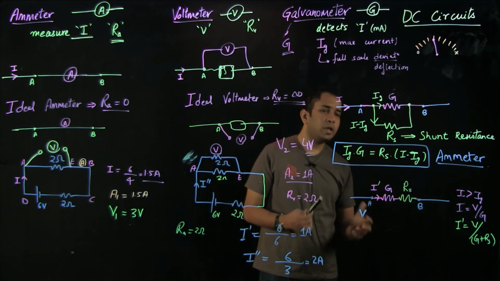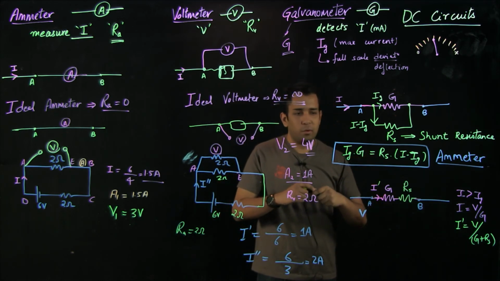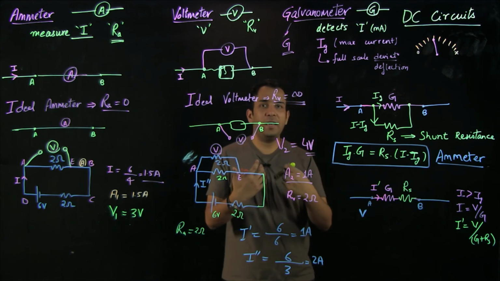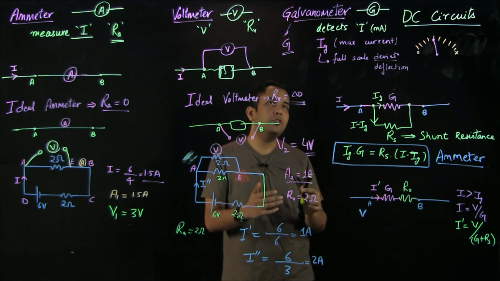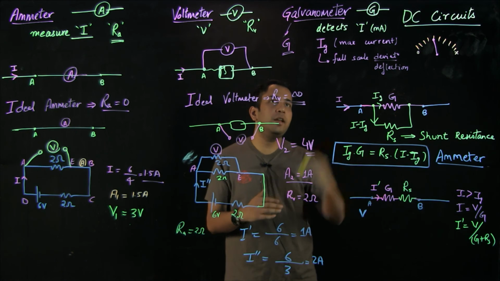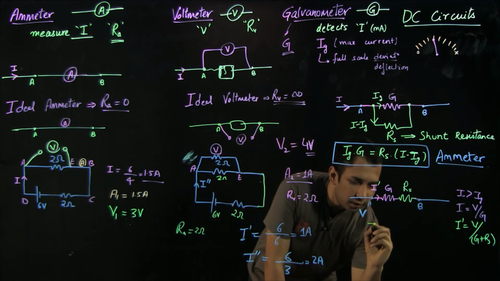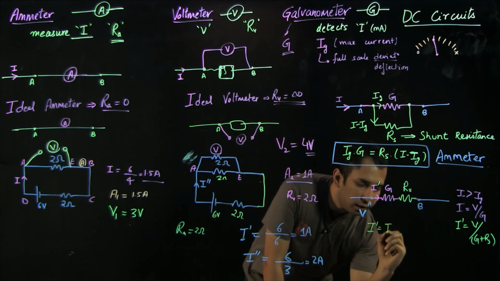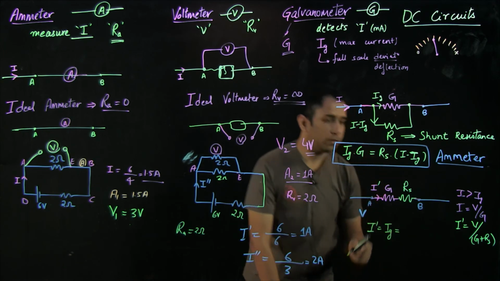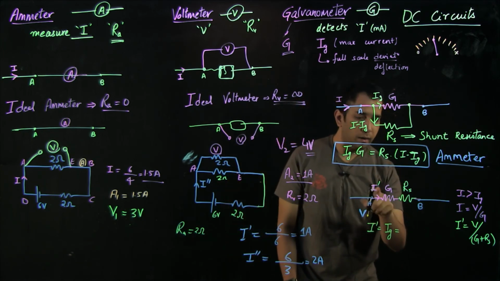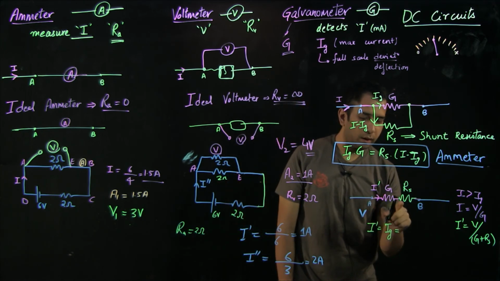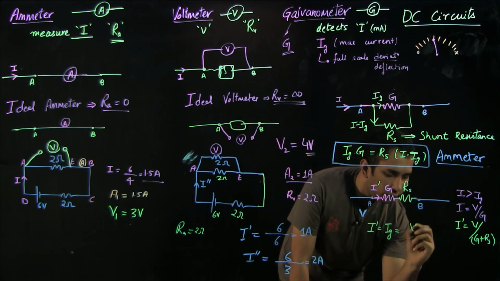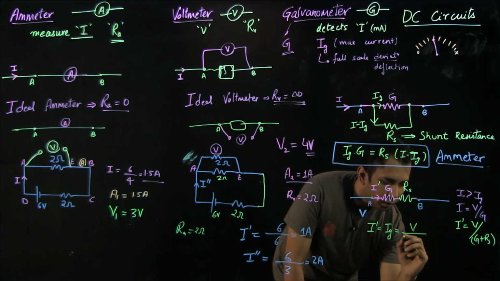But you know that we do not want I dash to be just any value. We want I dash to be specifically less than Ig. So let us say that if I dash is equal to Ig, then we know that V would be Ig times (G plus Rs).